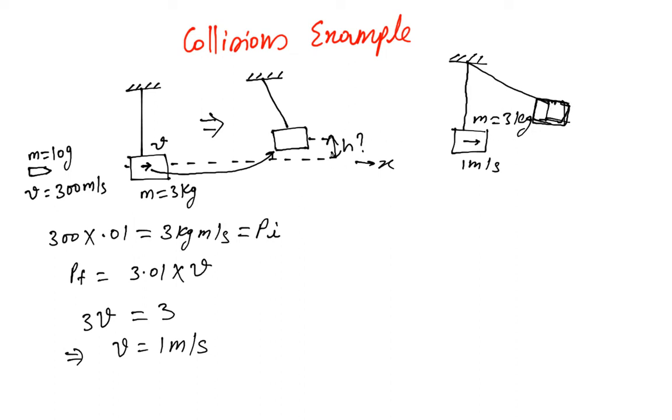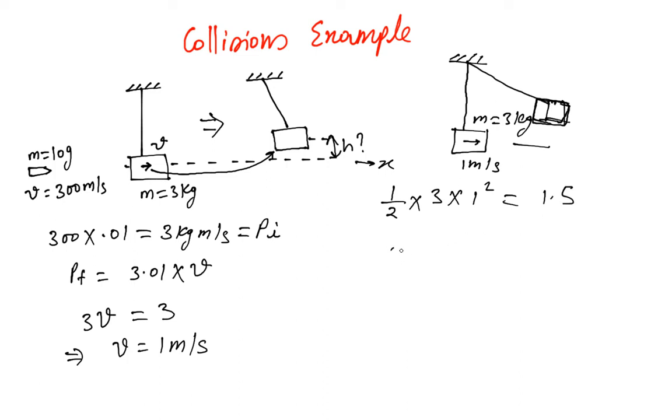And this h is the representation of how much is the potential energy of the block with respect to its initial position. Okay, so what is the initial kinetic energy of this block system? We can forget about the collision part now. All that remains with us is this new information. So the kinetic energy of the block bullet system is going to be half mv squared, which is 1.5.